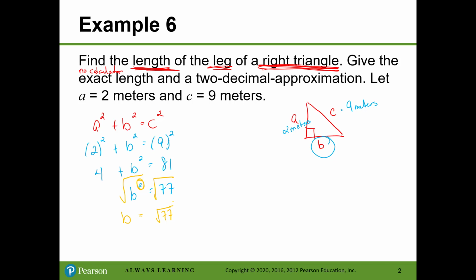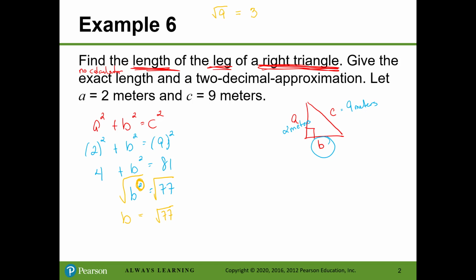Now, I need to make sure you're aware of something here. This 2 on the b actually implies there's 2 answers. And you're like, well, how is that possible? Because let me go up here and ask you what the square root of 9 is.